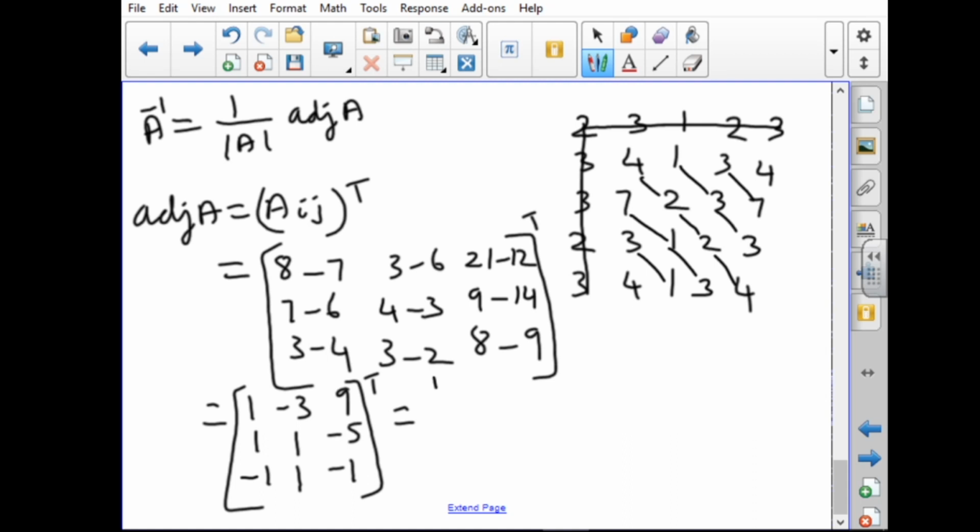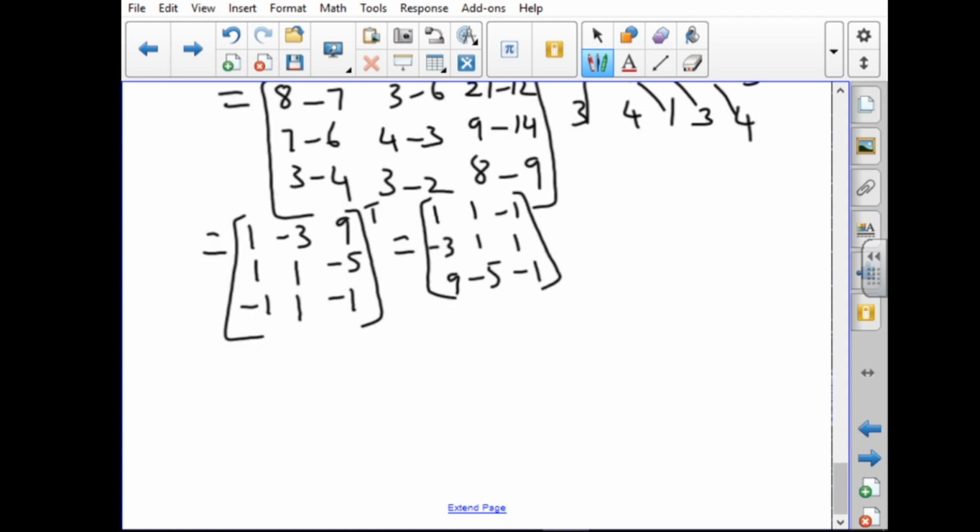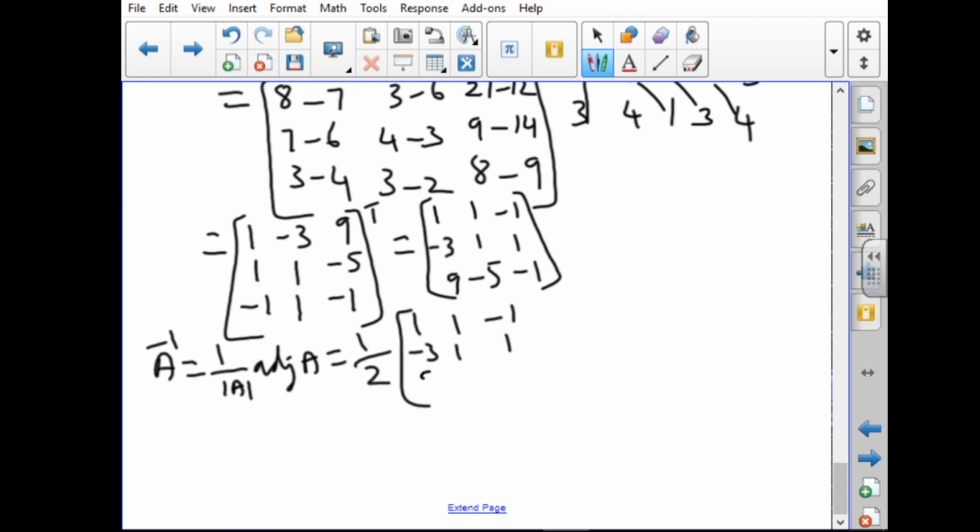So we get 1, minus 3, 9, 1, 1, minus 5, minus 1, 1, minus 1. So this is A, sorry, A inverse. A inverse is equal to 1 by determinant of A into RGA. So it is equal to 1 by 2 into 1, 1, minus 1, minus 3, 1, 1, 9, minus 5, minus 1.